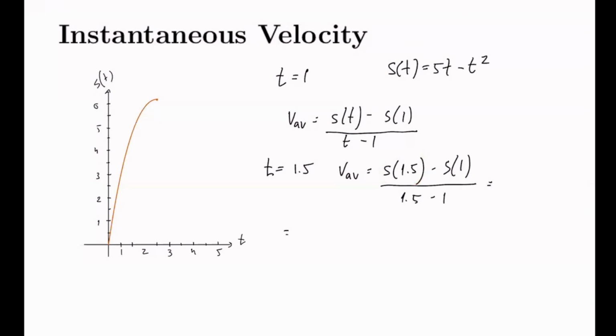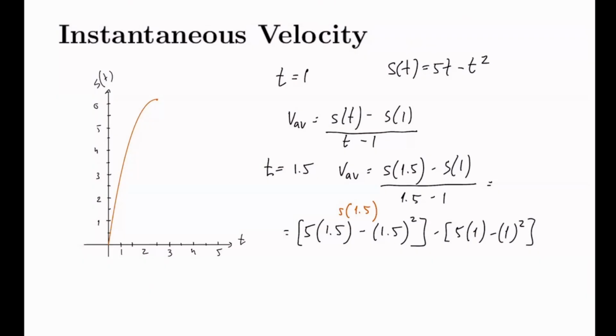So you'll have 5 times 1.5 minus 1.5 squared, this is your s of 1.5, and then minus 5 times 1 minus 1 squared, this is your s of 1. That's all divided by 1.5 minus 1. So you'll have approximately 2.5 meters per second.